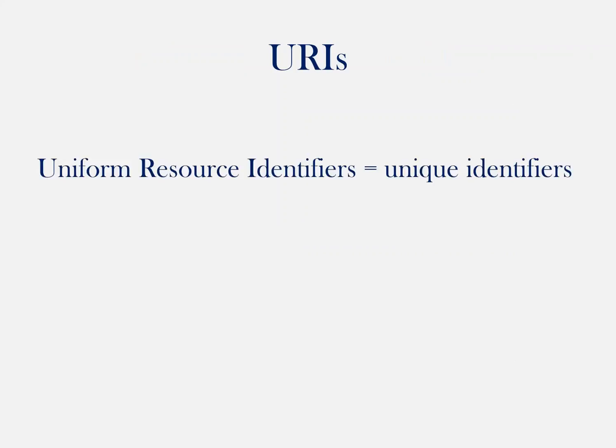So again, just to go into a little more detail about what URIs are: URI stands for Uniform Resource Identifier, and they should be unique identifiers. When you're looking at examples of linked data URIs, you'll see they look a lot like web addresses. Most of them will have some kind of domain. In order to make them unique, they will have a unique domain such as example.com here, or maybe your library's website, or Library of Congress, LOC.gov, or something like that.